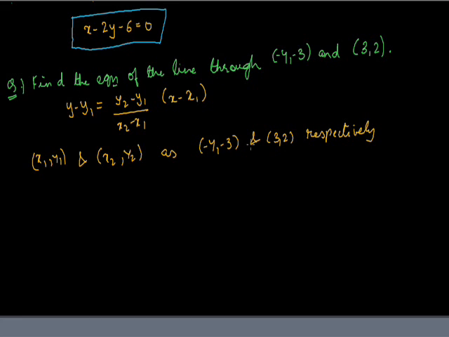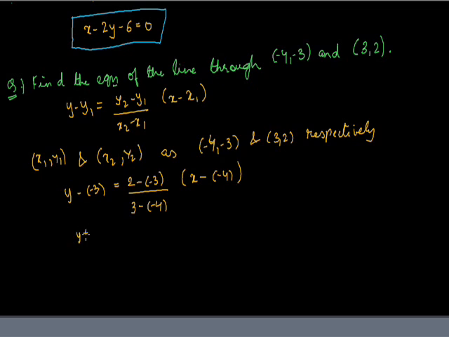I'll substitute the values of x1 y1 and x2 y2 in my equation. I'll get y minus of minus 3 is equal to 2 minus of minus 3 upon 3 minus of minus 4 into x minus of minus 4.